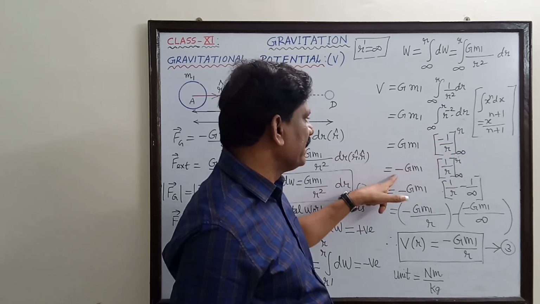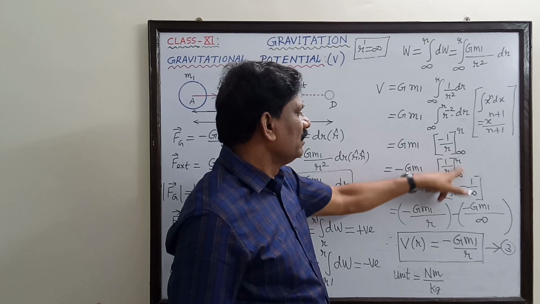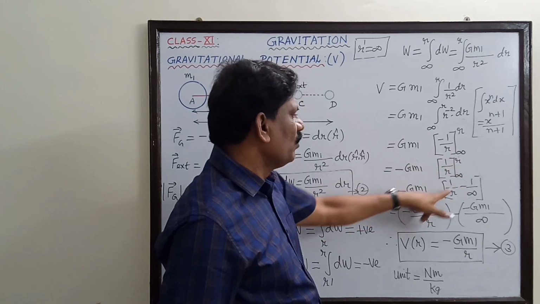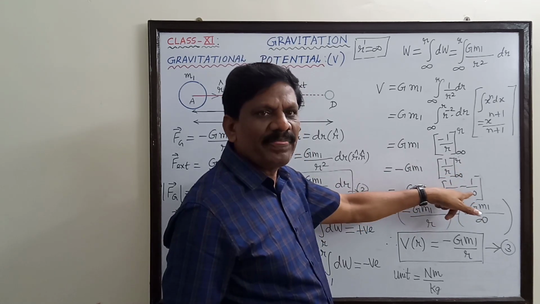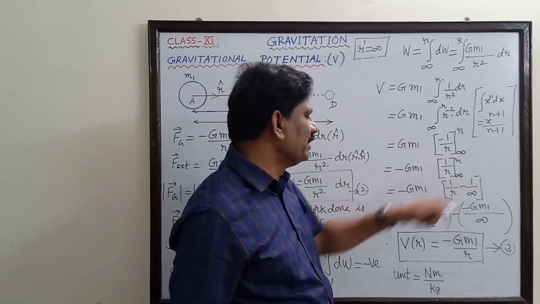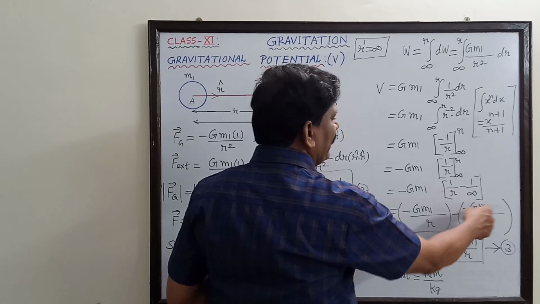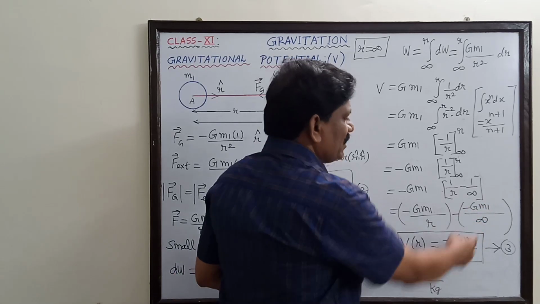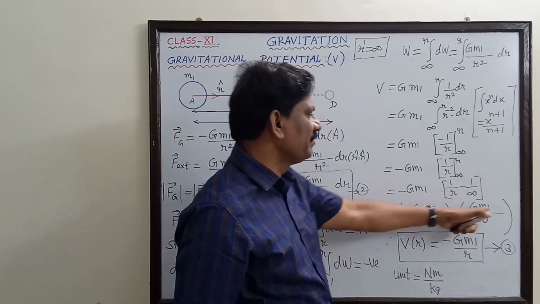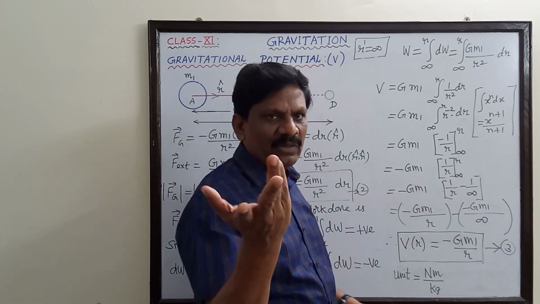So this minus is taken out. 1 by r. Limit substitution is 1 by r minus 1 by infinity. Okay, upper limit minus lower limit. So this is minus G m1 by r minus, minus G m1 by infinity. So denominator is infinity means the value of the second term will be 0.